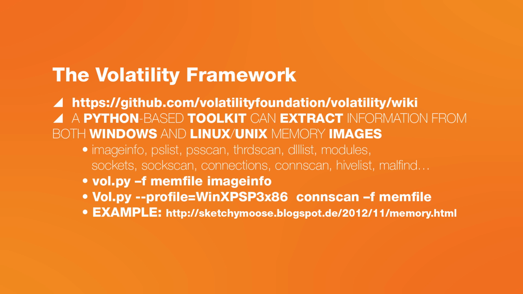Knowing this profile information, Volatility will use the kernel debug structure to point to kernel objects and structures, which contain processes and network information. For example, a Windows kernel uses the EPROCESS data structure to store information for each running process.